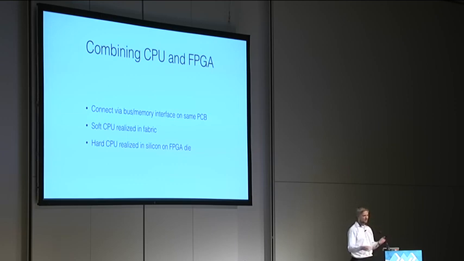And you can also realize a CPU in the fabric itself, but the frequencies that you're getting are like 100 megahertz, 150 megahertz, sometimes 200 megahertz on the very new devices, but you will not get gigahertz right now, at least.